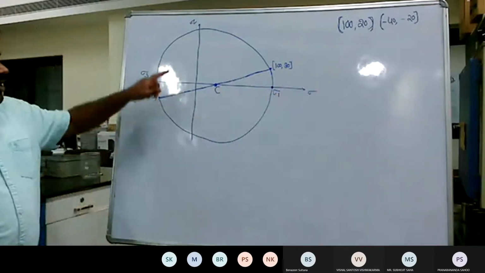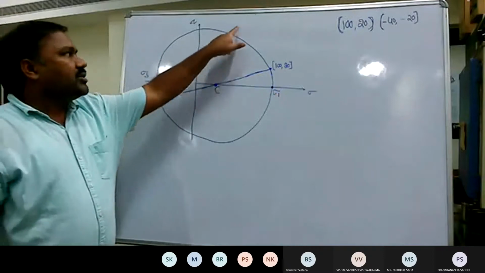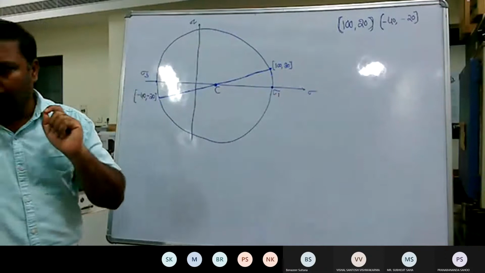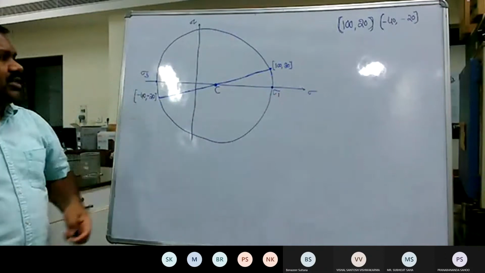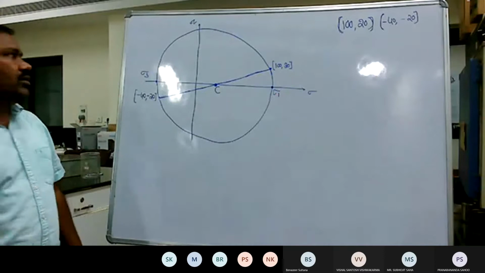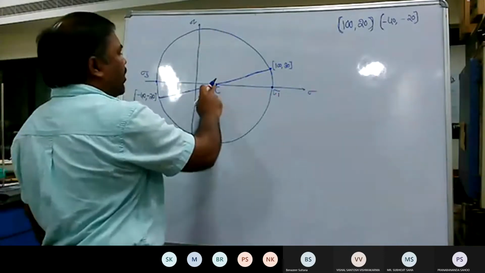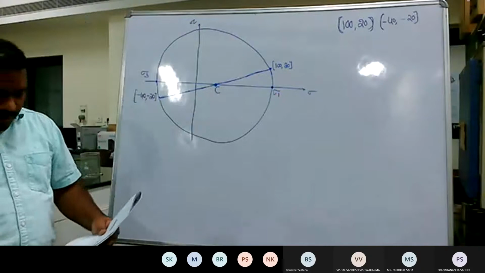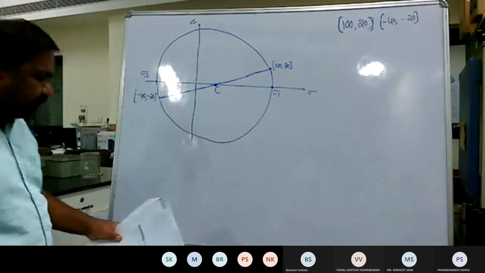However, wherever the Mohr circle is touching the tau axis, that will not be equal to the shear stress. The shear stress that you need to draw corresponds to always the center.